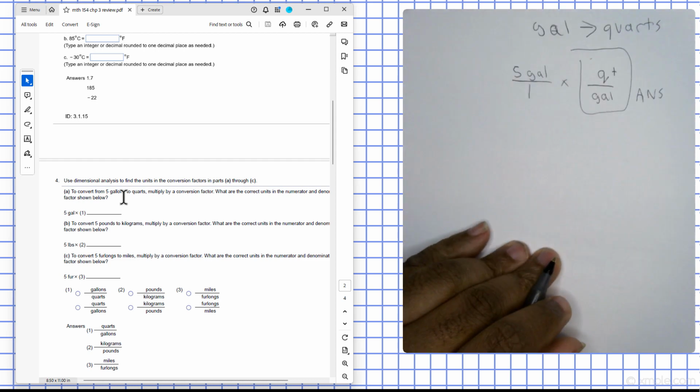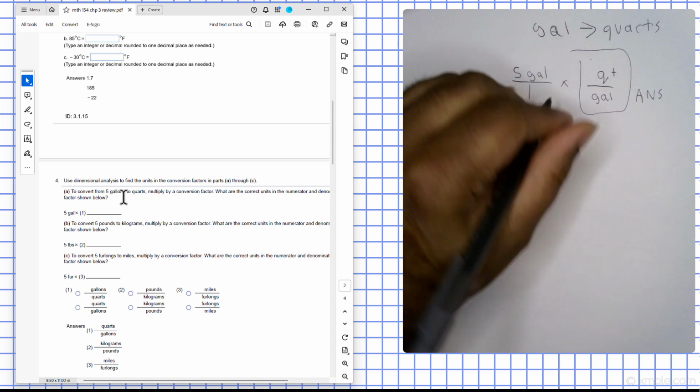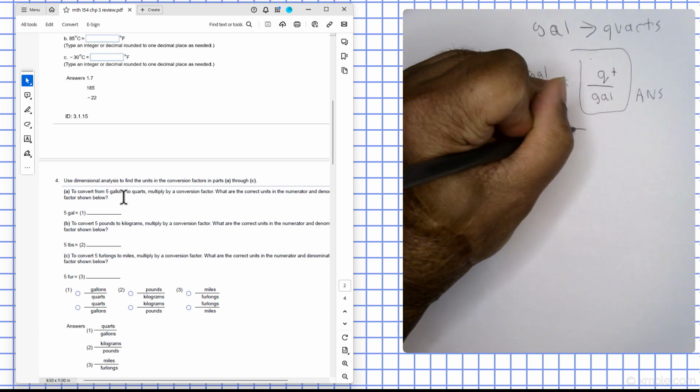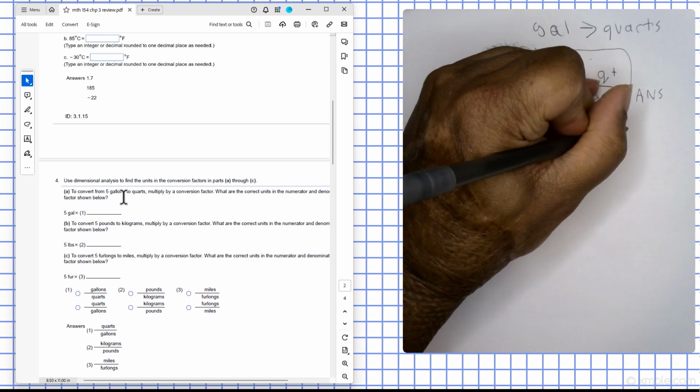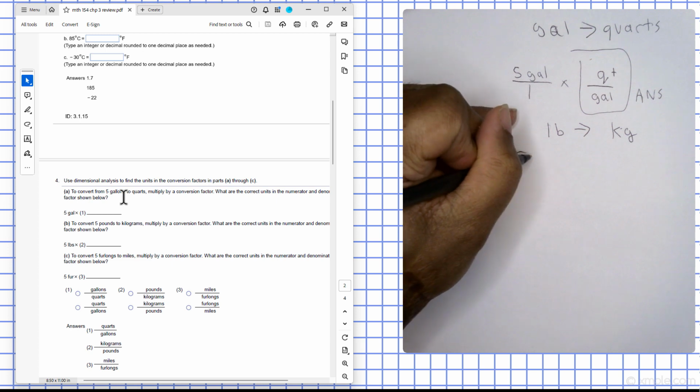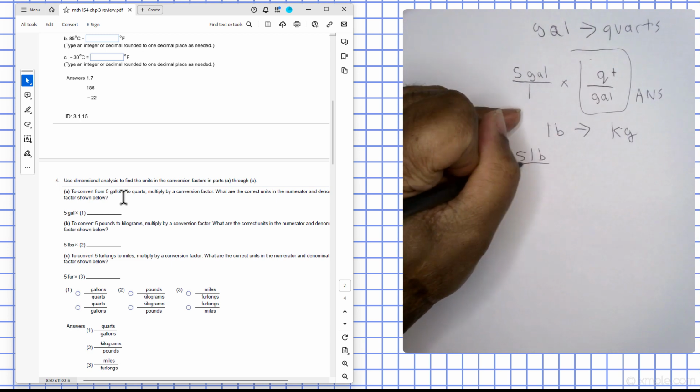In the second one, we want to go from pounds to kilograms. If I'm going from pounds to kilograms, I want to create a cancellation. Conversion comes at the expense of cancellation.